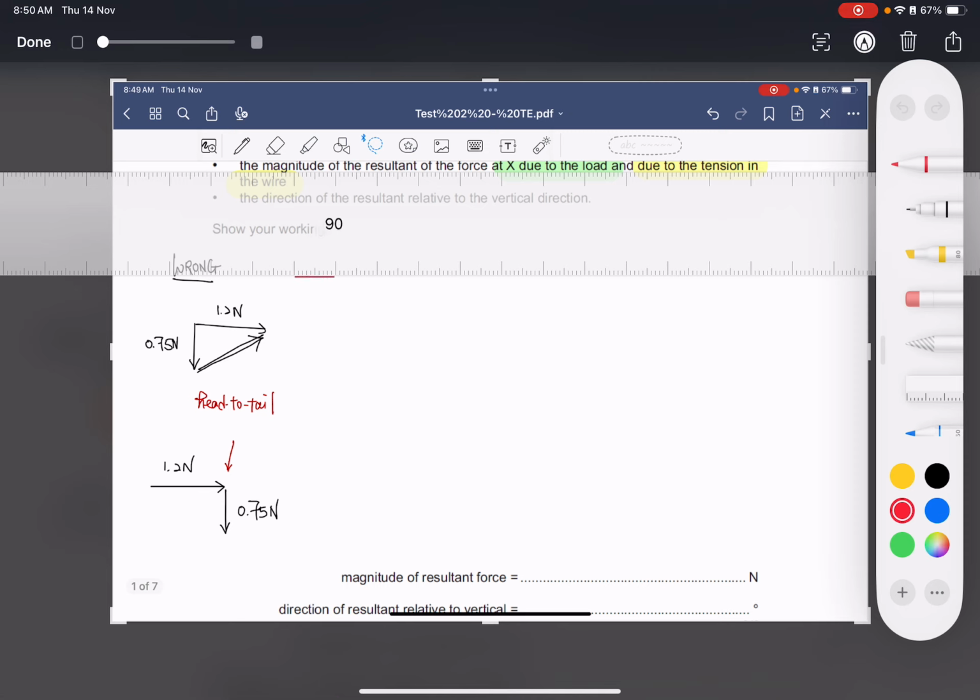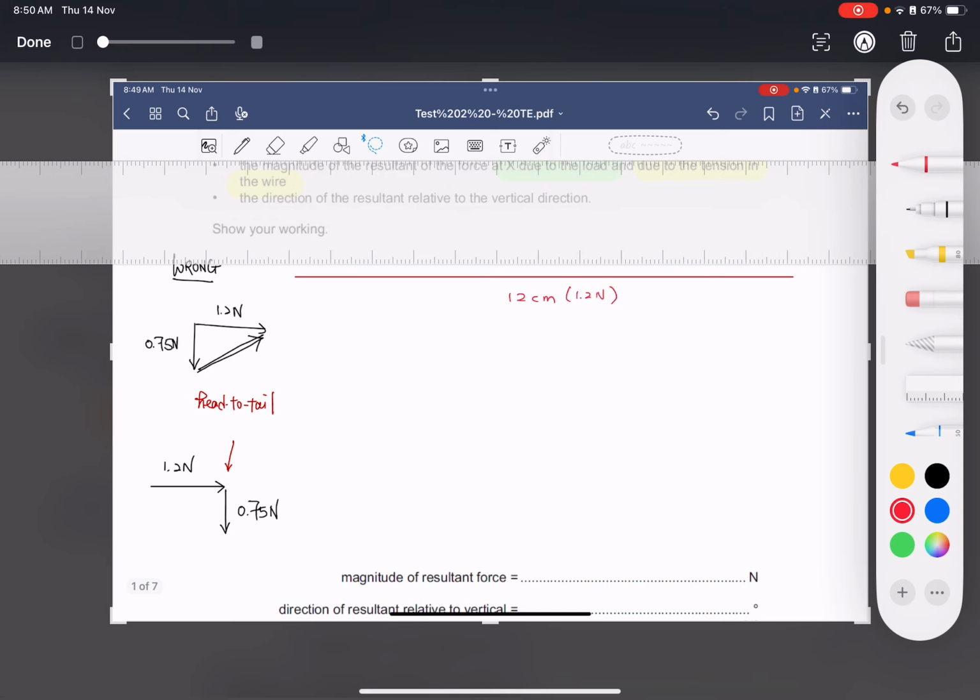Let's start from here. Now I draw a line here. This means 12 cm, which refers to 1.2 Newton. This represents force 1.